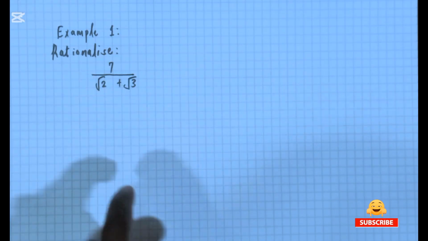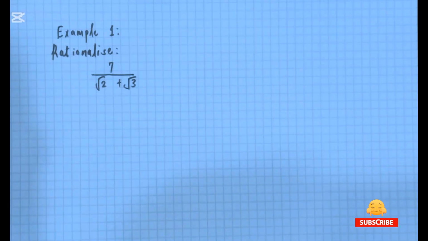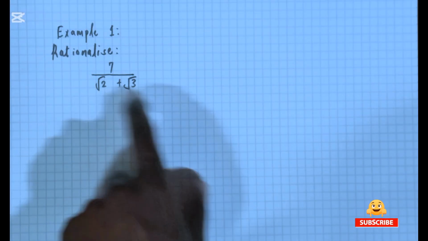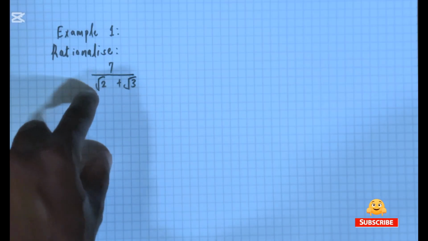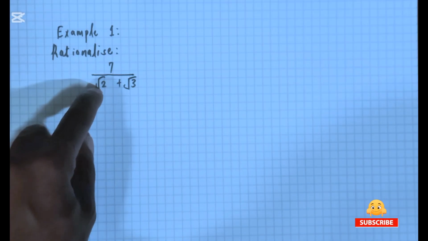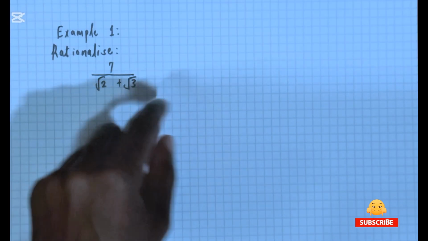Whenever you're told to rationalize a surd and it's in a fraction form, always think of the denominator. So our aim here is to make sure that this denominator is a rational number.